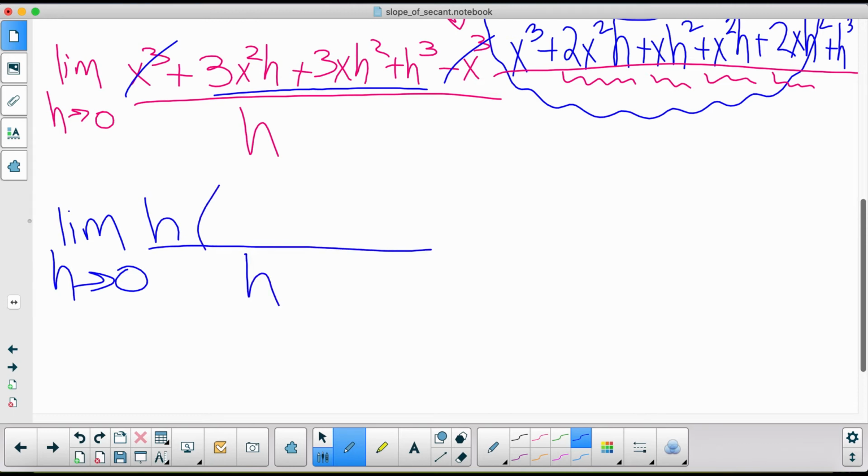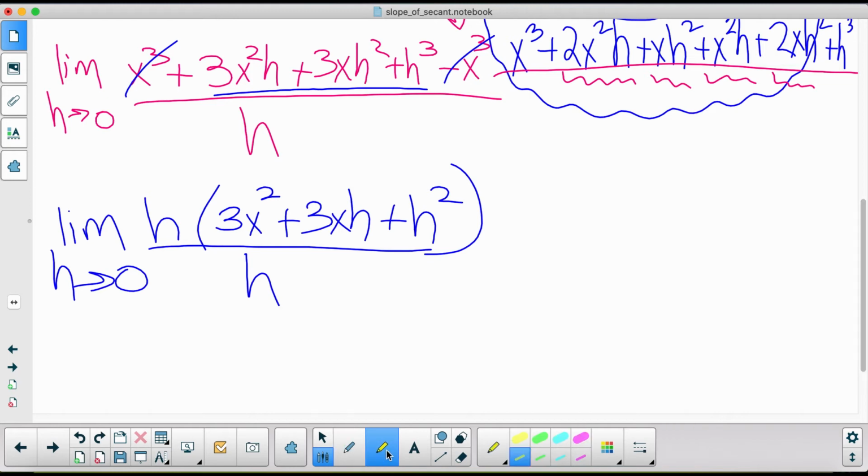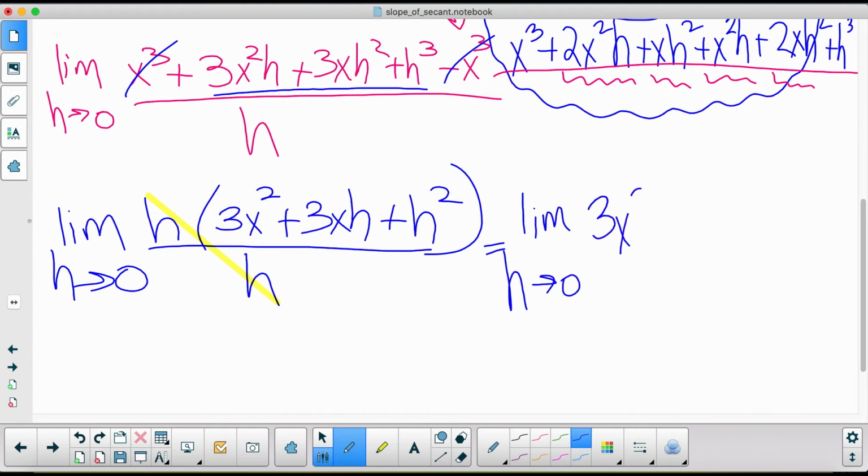And here I'm left with 3x squared plus, I'm sorry, h comes out, 3xh plus h squared. So hallelujah, our h's are going to drop, and we're going to be left with the limit as h goes to 0 of 3x squared plus 3xh plus h squared.